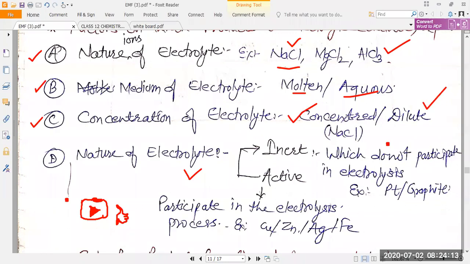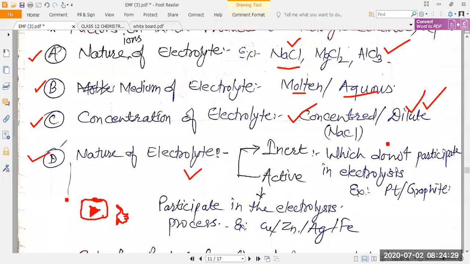In concentrated solutions, we take a saturated solution of the electrolyte, and in dilute form, we take a large amount of water in the electrolytic solution.